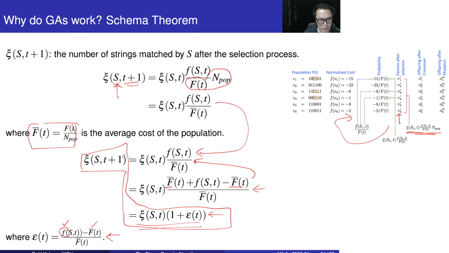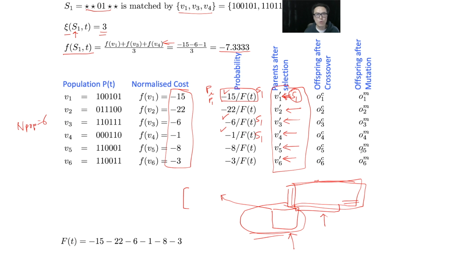Okay, just look at the example. When we talk about S1, that is star star 0 1 star star, f of S1 at t is minus 7.333 according to what we have right here.